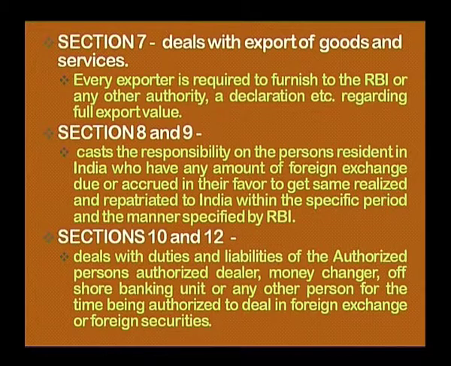Section 10 and Section 12 deal with duties and liabilities of the authorized person, authorized dealer, money changer, offshore banking unit or any other person for the time being authorized to deal in foreign exchange or foreign securities.